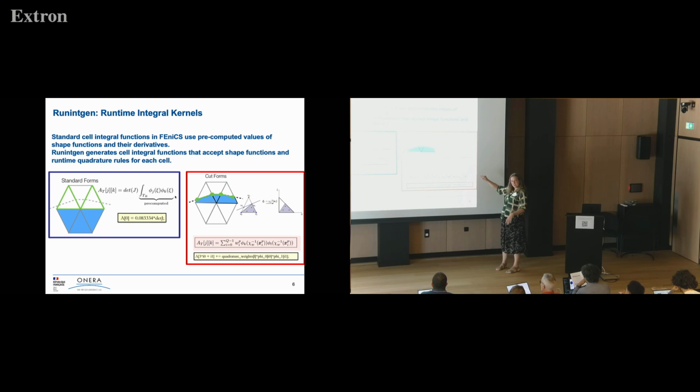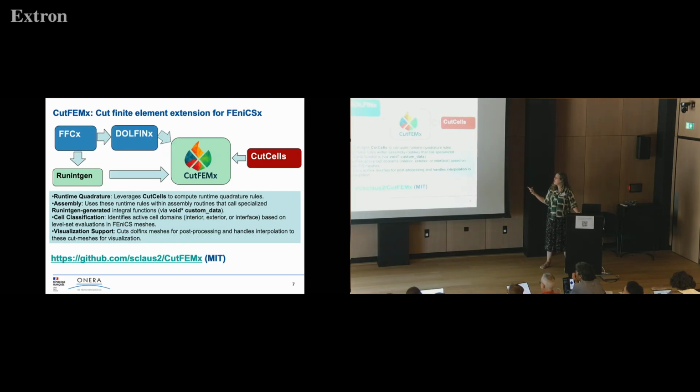But in my case, when I integrate only over parts of cells, I then need to evaluate always in different cells the shape functions and their derivatives. So in that case, I need a different code generation that keeps this information alive and evaluates the shape functions and derivatives. So this is the code generating part.